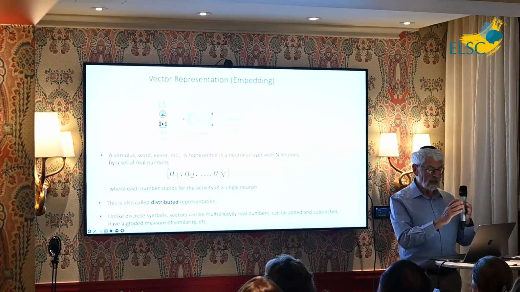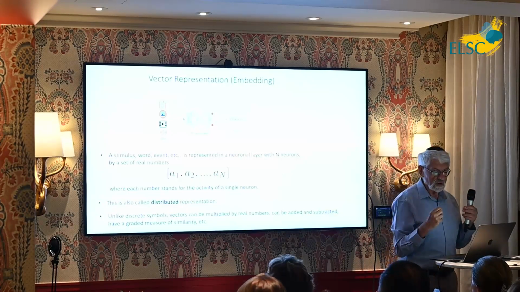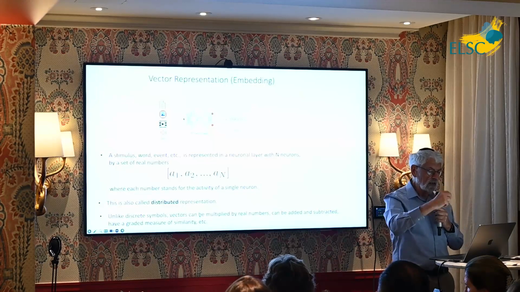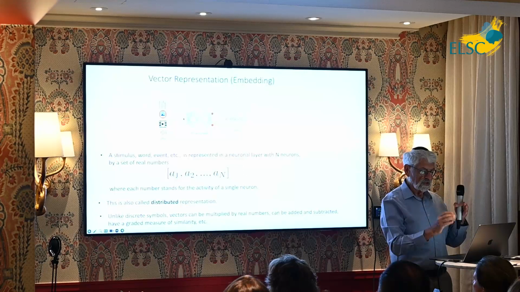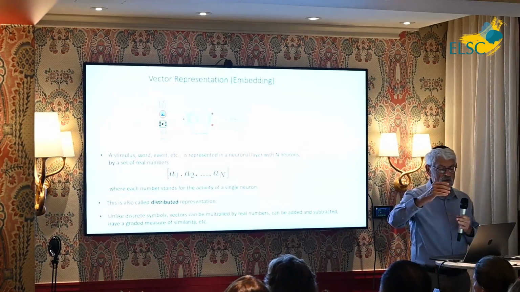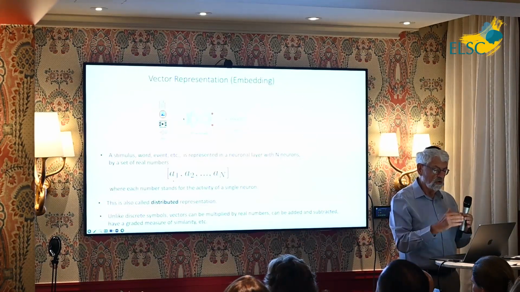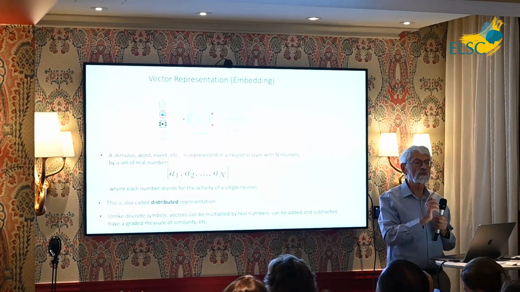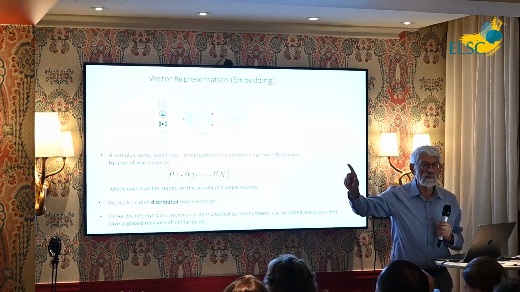So imagine you have a brain area with n neurons, and you present an image. Each neuron will respond; maybe one neuron will respond strongly, another one will respond less. So basically you have a set of n real numbers, 0.1, 0.2, minus 0.3, and whatever. And this is called a vector representation, or in machine learning language, an embedding. Okay? So we're not looking at a single neuron and saying, well, if this neuron fires, it means that this happens in the world.